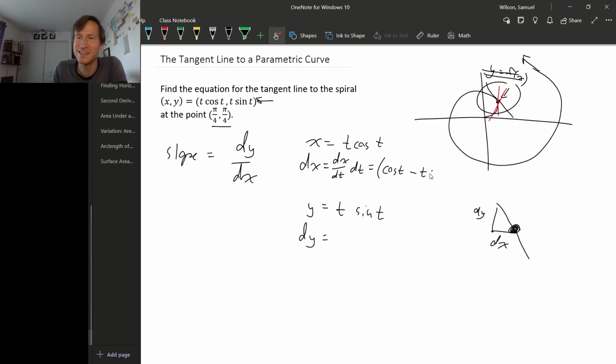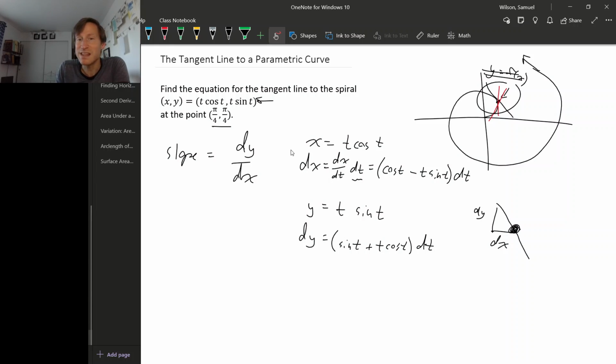So minus t sine t. And then don't forget this dt right here. Then we'll do the same thing for y. Again, we have to do the product rule. So we get sine t plus t cosine t times dt.